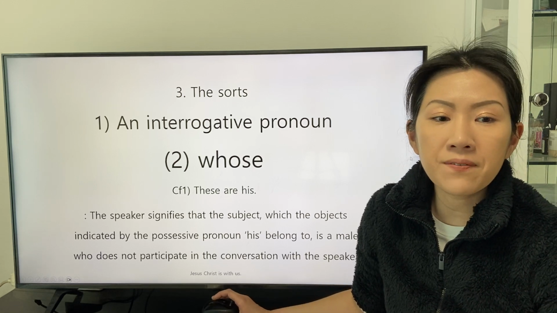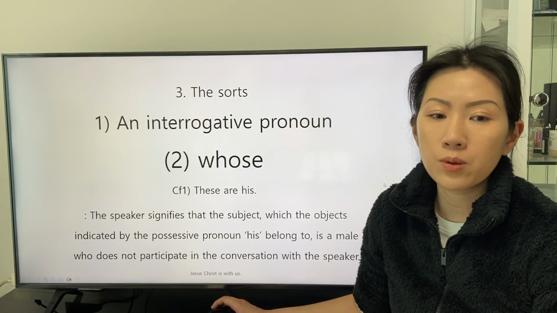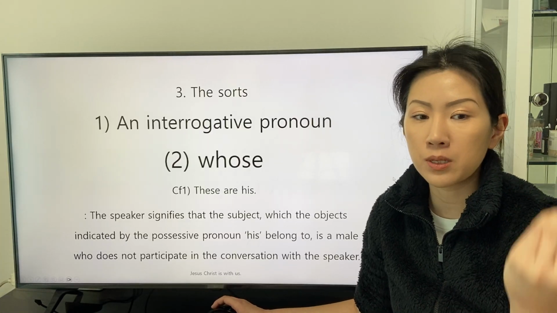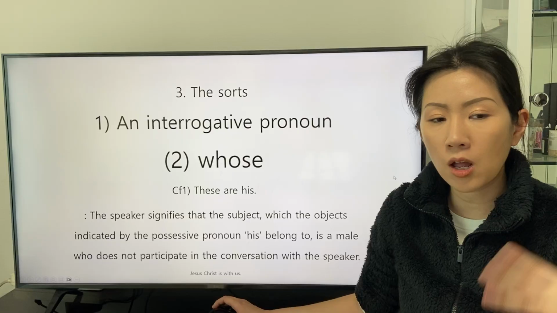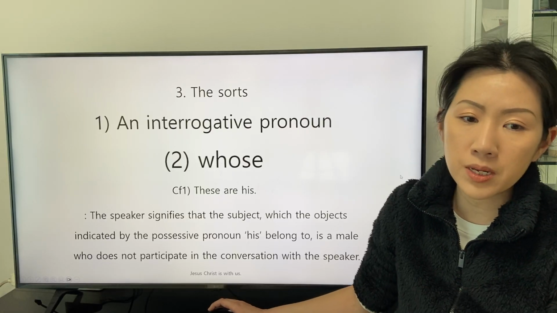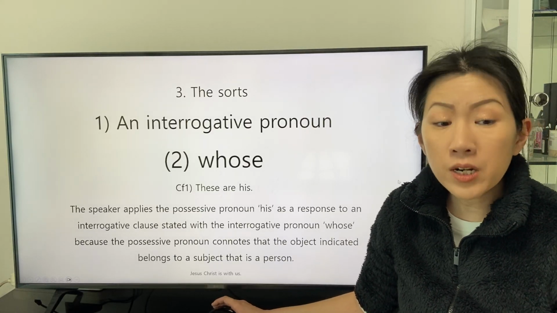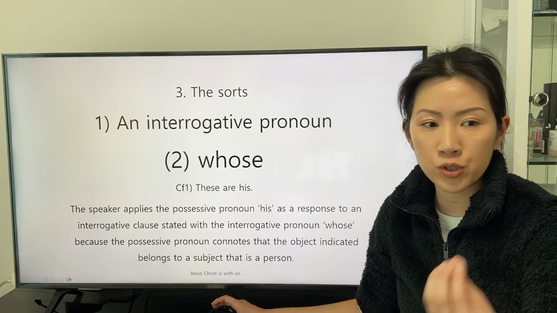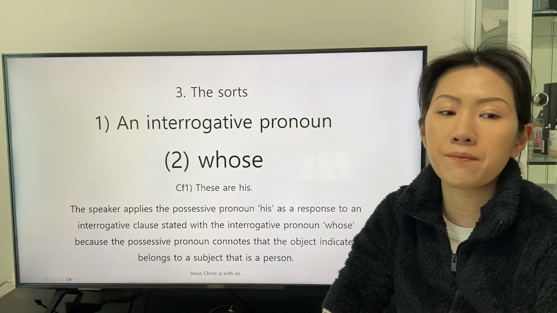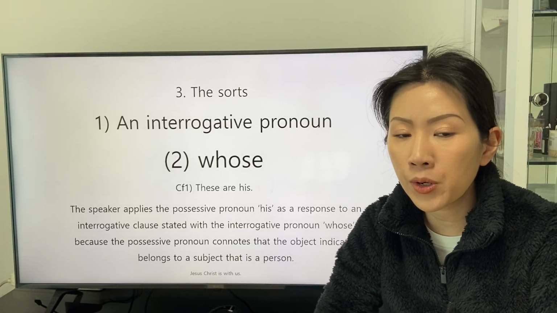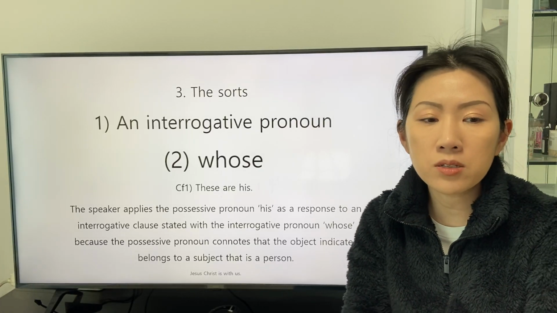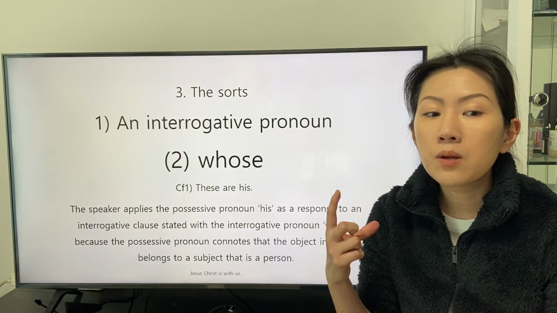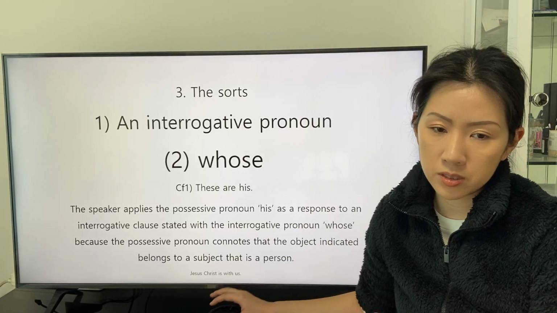The speaker signifies that the subject with which the object indicated by the possessive pronoun his belongs is a male who does not participate in the conversation with the speaker. The speaker applies the possessive pronoun his as a response to an interrogative clause stated with the interrogative pronoun whose, because the possessive pronoun connotes that the object indicated belongs to a subject that is a person.